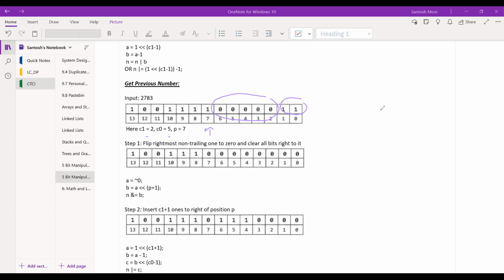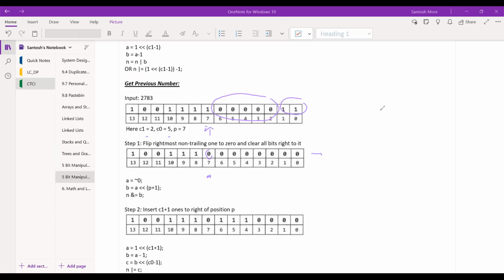Then what I'm going to do is the 7th bit, which is set to 1, I'll be resetting this to 0. And the rest of all the bits on the right side are again cleared. Now I know that I have to set 3 bits to the right side of this 7th bit.